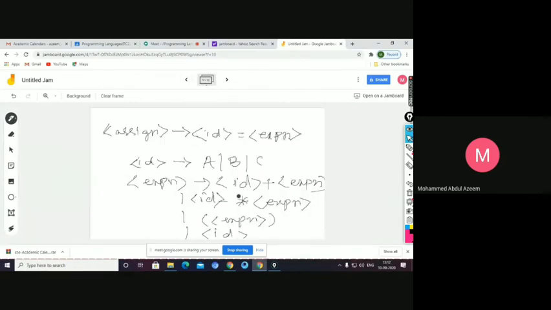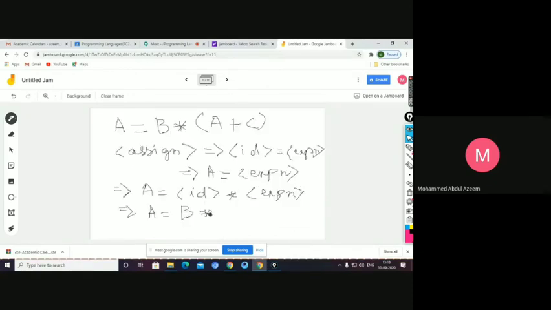I should take this definition, expression enclosed in parenthesis. So expression is defined with ID plus expression, or ID into expression, or expression enclosed in parentheses, or ID. I'm taking this particular definition at this junction.